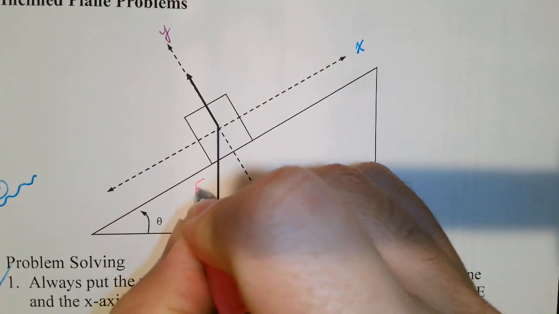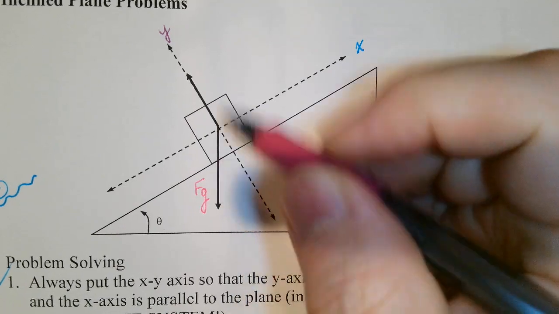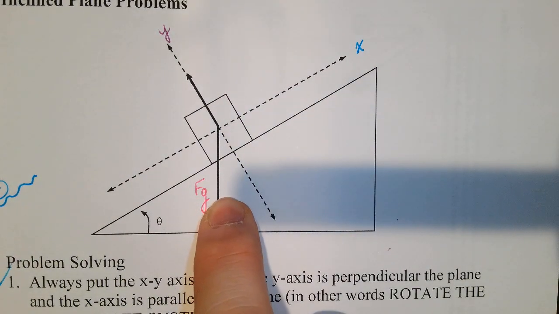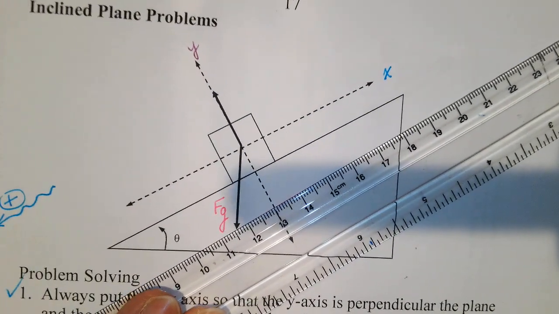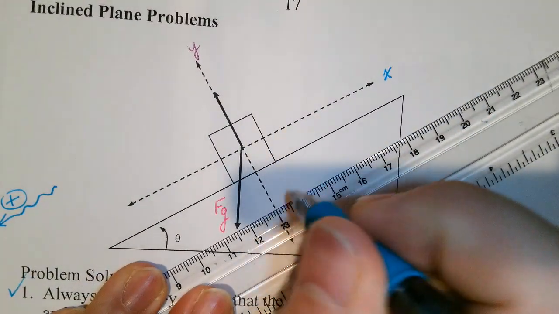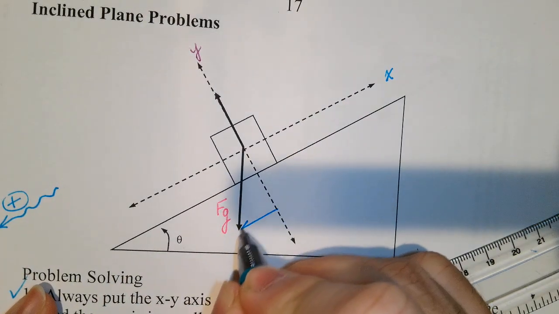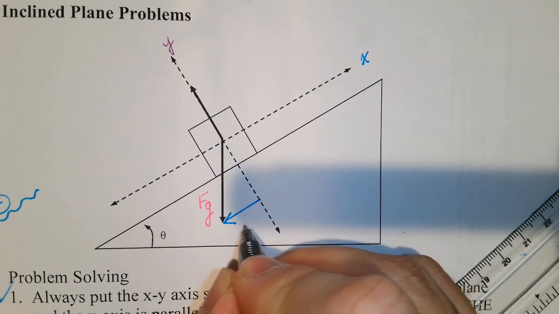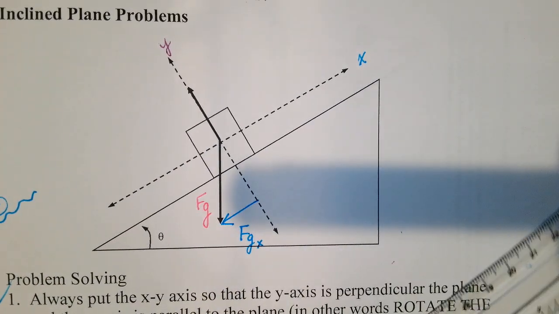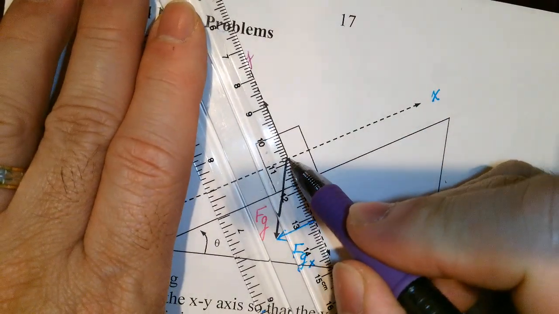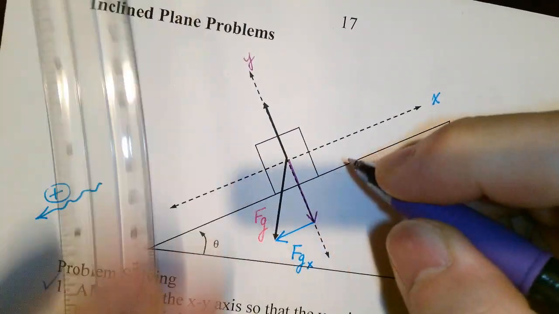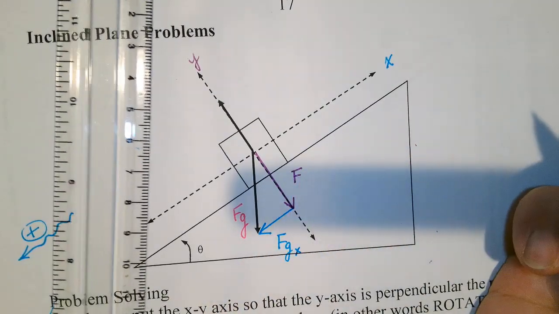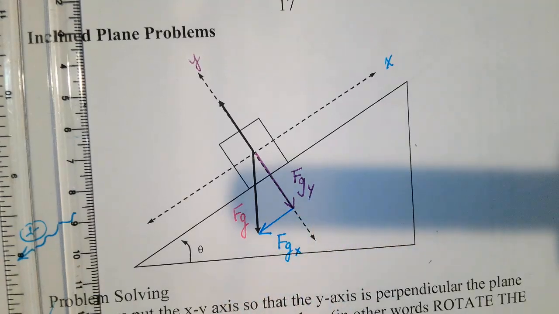So here, if this is my Fg, it will be broken up into Fgx, the x component of your Fg, and your Fgy, and that is the perpendicular component of your Fg.